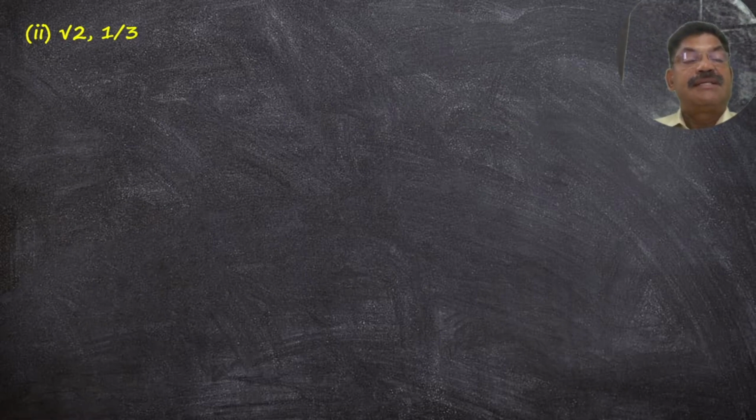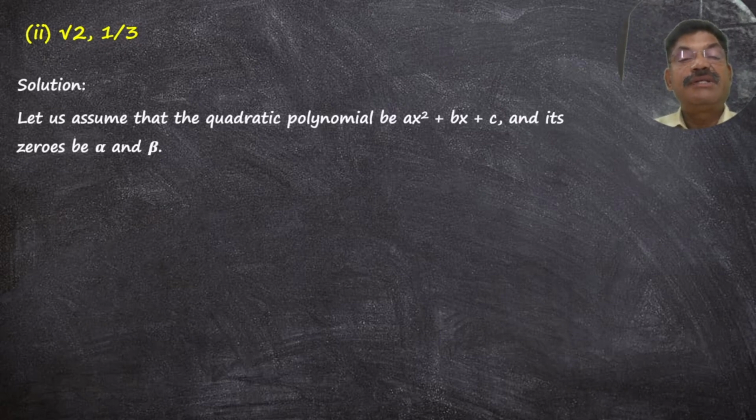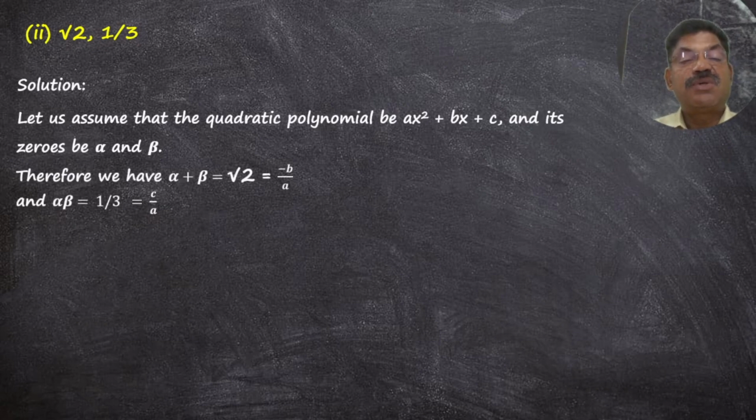Now you look at the second sum. Let the required polynomial be ax square plus bx plus c and the zeros be alpha and beta. We are given alpha plus beta is equal to square root of 2, which is equal to minus b by a, and alpha beta is equal to 1 by 3, which is equal to c by a. Now we can take a particular value for a in order to solve these equations.